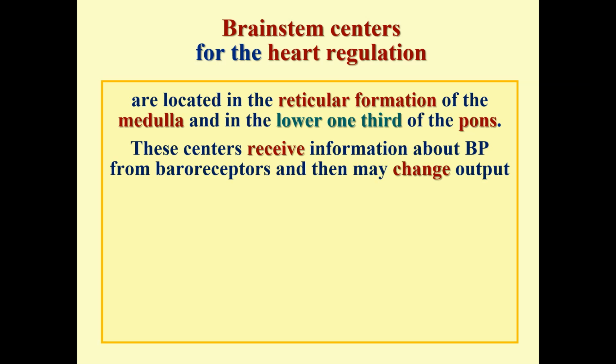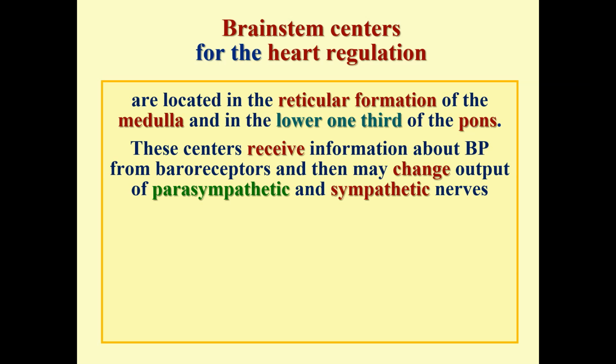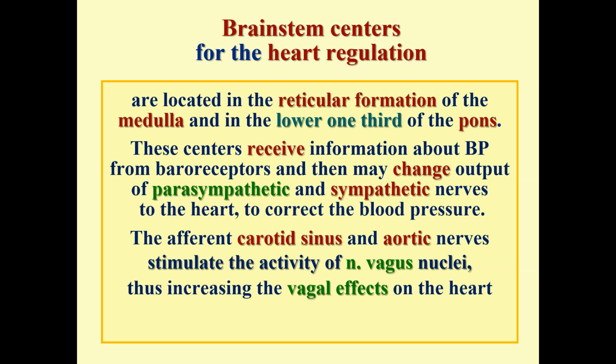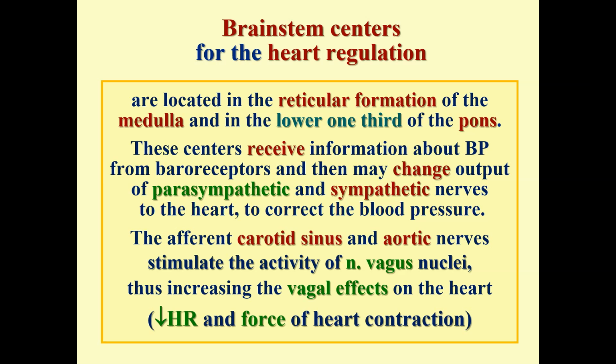These centers receive information about blood pressure from baroreceptors, and then they may change output to the heart through parasympathetic nerves or sympathetic nerves of the heart to correct the blood pressure, and it's organized on a negative feedback principle. Efferent carotid sinus and aortic nerves stimulate the activity of vagus nuclei and increase the vagal effects on the heart, a decrease of force and rate of contractions finally.